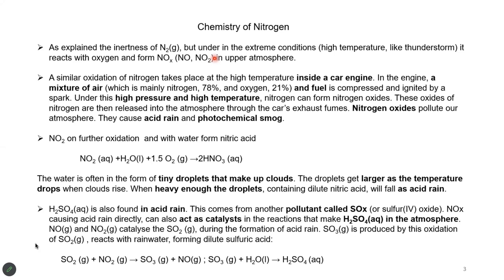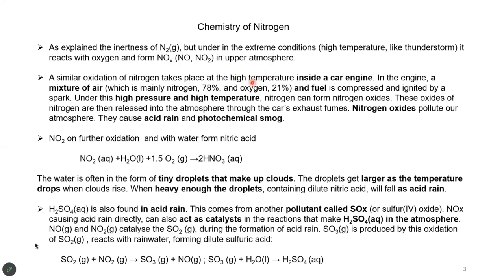Nitrogen is a very unreactive, inert element, but with thunderstorms, that means a very high temperature in the atmosphere, it reacts with oxygen into nitrogen oxides. Nitrogen has many different oxides, and here we call them NOx in the upper atmosphere.